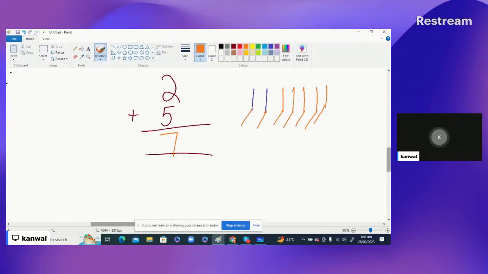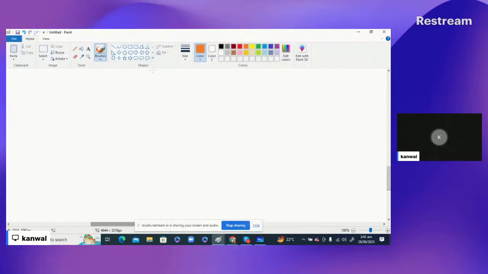Okay, let me write the next question. Like here is 4 plus 5. Let's solve this one. So what do we do first? First of all, draw the 4 lines. 1, 2, 3, and 4. Now draw 5 more lines. 1, 2, 3, 4, 5.